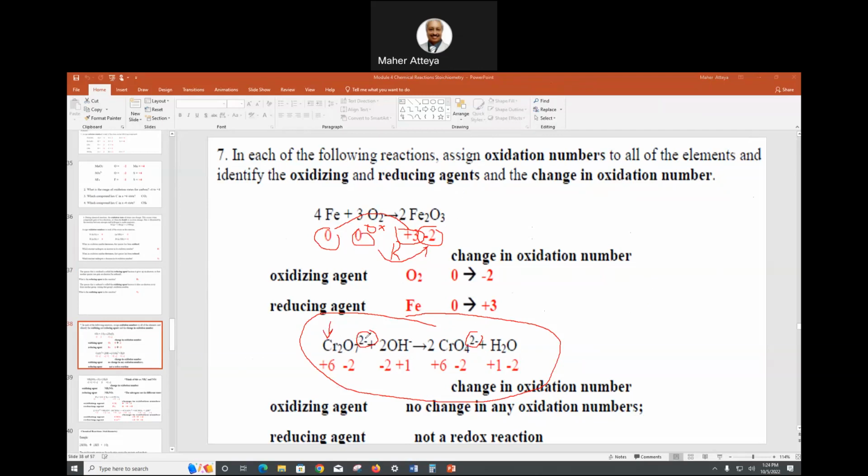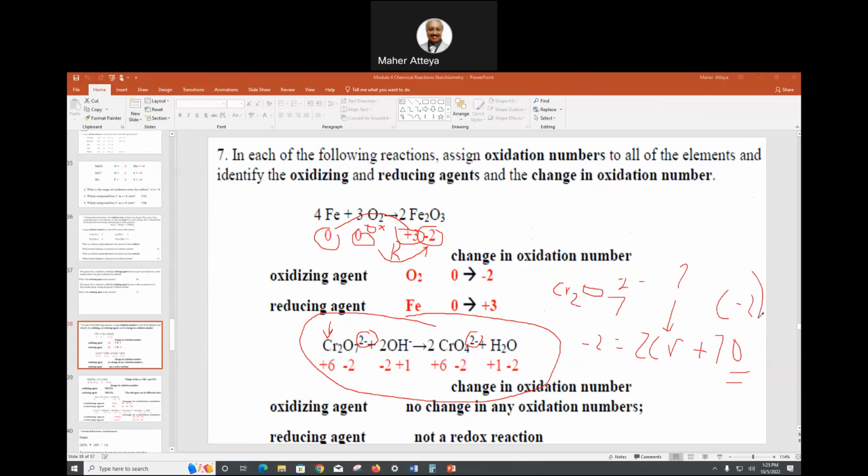So the whole charge on the whole dichromate, Cr2O7, is 2 minus. So -2 is the total, equal to 2 chromium plus 7 oxygen. I don't know what chromium is, but I know oxygen is -2 all the time.